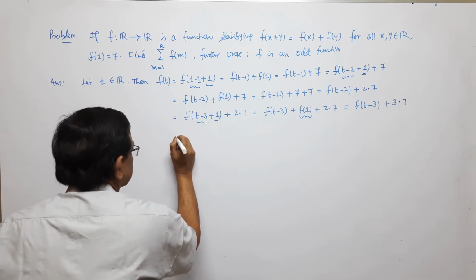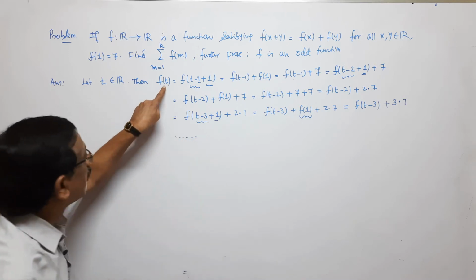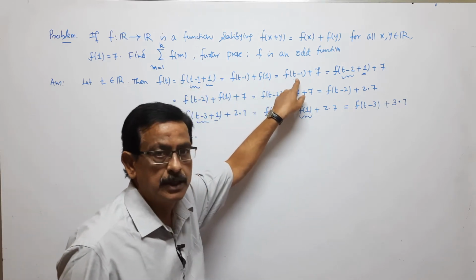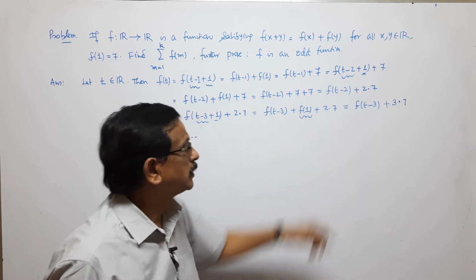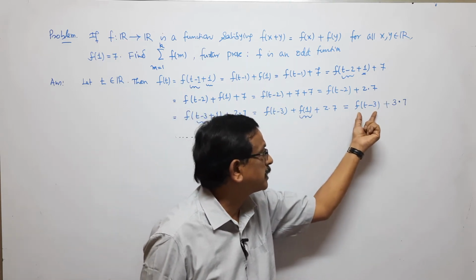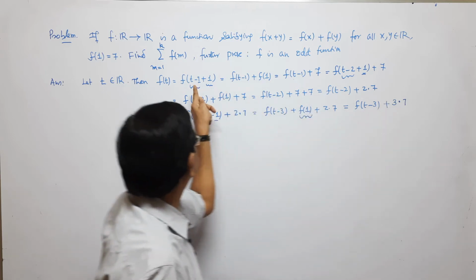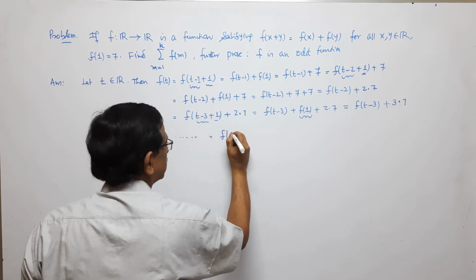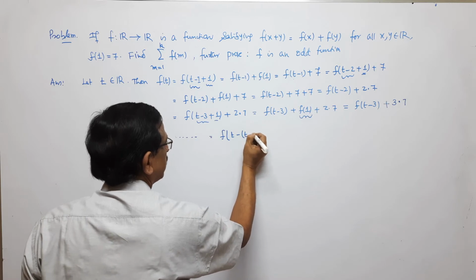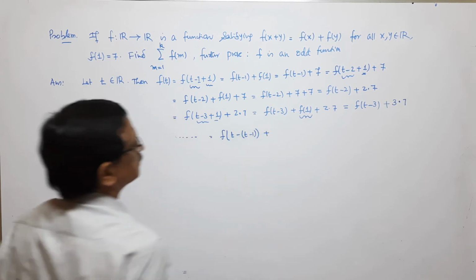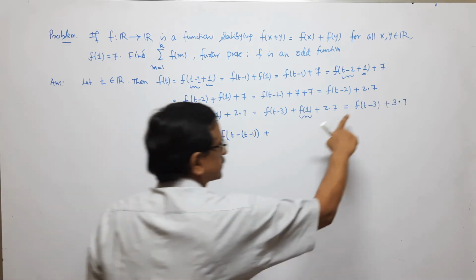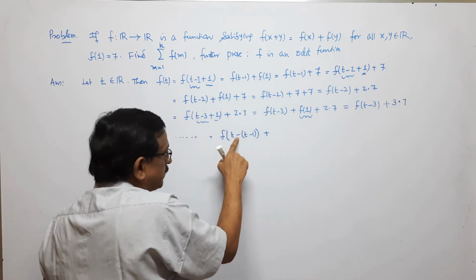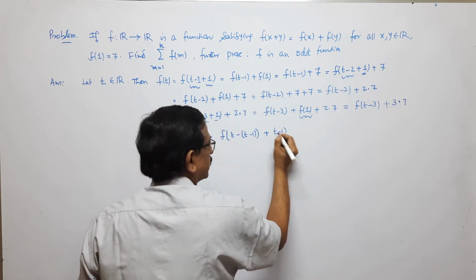If I go on like this, look carefully. I have started with t. It was reduced to t minus 1, t minus 2, t minus 3. So f of t minus 3 plus 3 into 7 is ft. Now, if I continue like this, the last step I would like to write is f of t minus 1 plus, if I write t minus 3 I have to write 3 times 7, so if I write t minus 1, I have to write t minus 1 times 7.